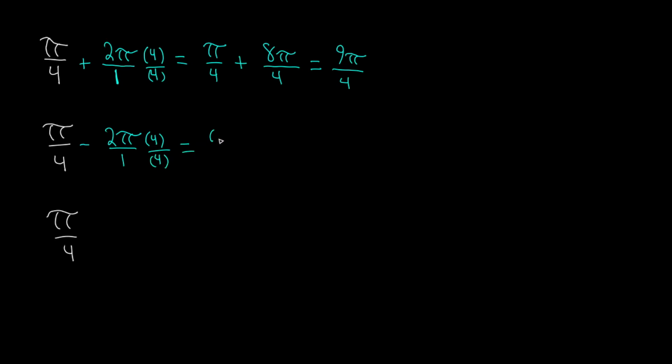And we end up with pi over 4 subtract 8 pi, 2 times 4, 8 pi, over 4 times 1, 4, and it comes out to negative 7 pi over 4. So how do we find all coterminal angles? Well, you don't have to change any denominators or anything. You just have to do the same thing you did before. Add 2 pi multiplied by k.